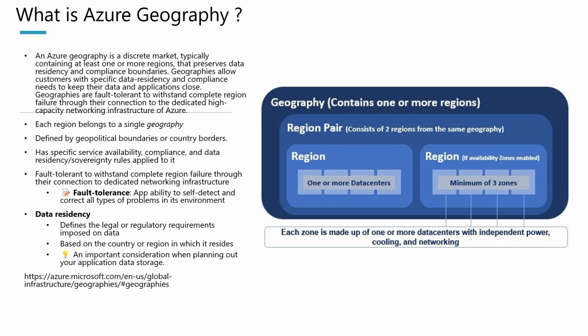One region can be paired with another, and inside a region we will have multiple availability zones. A geography is defined by geopolitical boundaries or country borders. So if you have a law that says this data should not move out of the Europe region, then you can use that region to host your services.